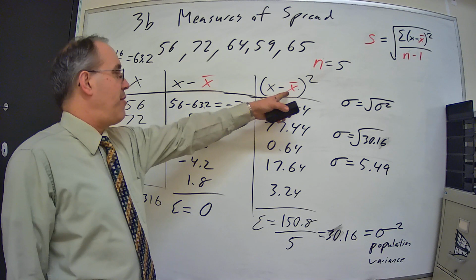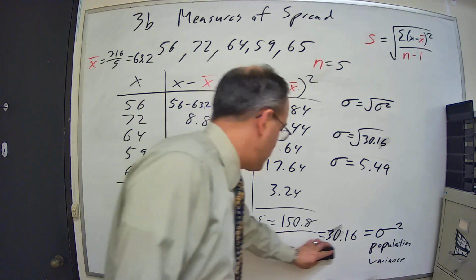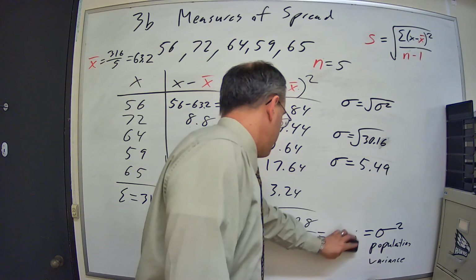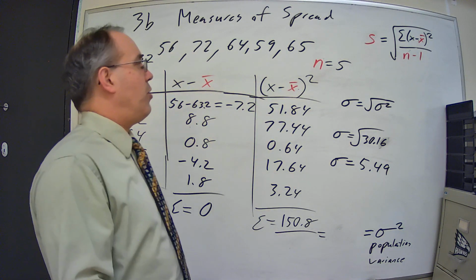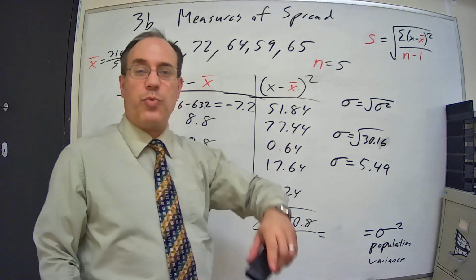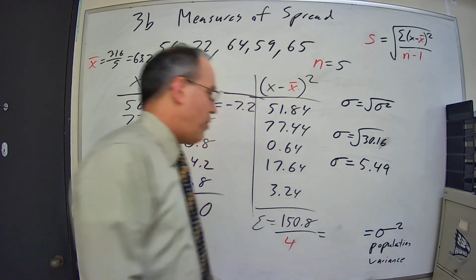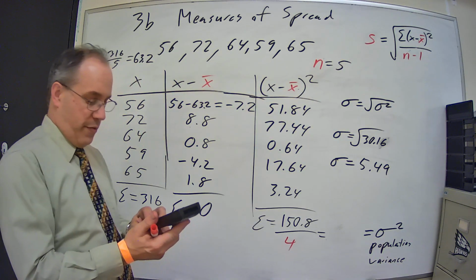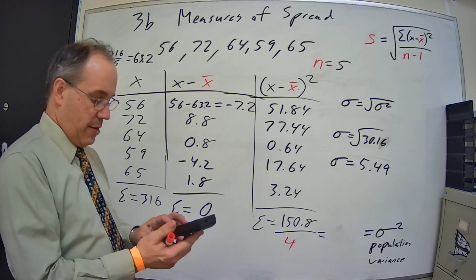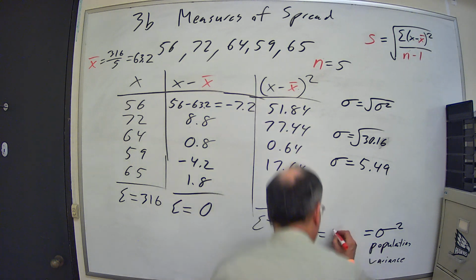So we do this, we have our n, x minus x bar, we get to this. At this point we have divided by, well, sample size is 5, 5 minus 1 is 4. So divided by 4, so now grab the calculator. 150.8 divided by 4 gives us 37.7.